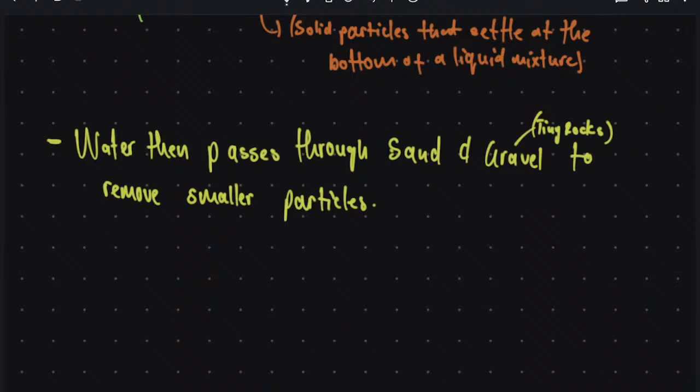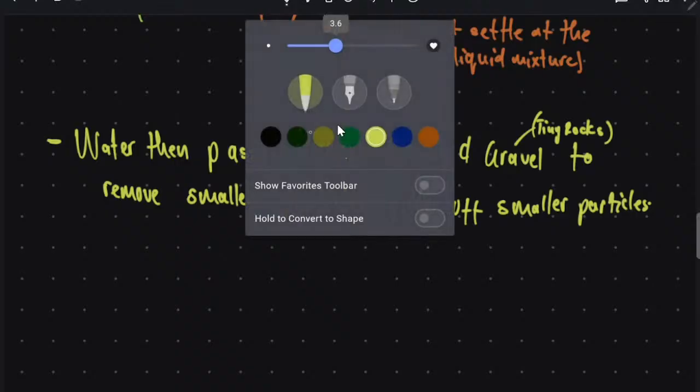Are you seeing what they're doing in the water treatment? Are we together here? Can you see what's going on? Exactly. Sedimentation, and then you pass them through gravel.